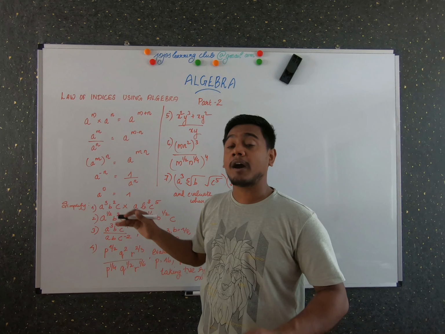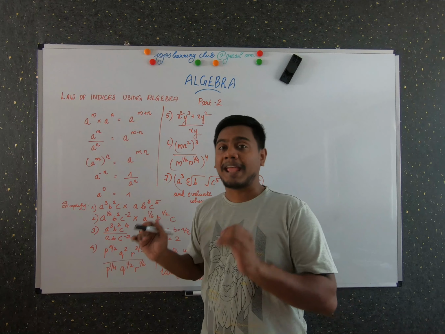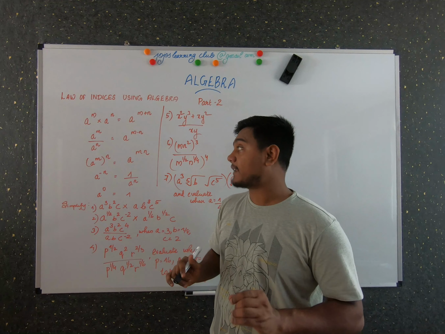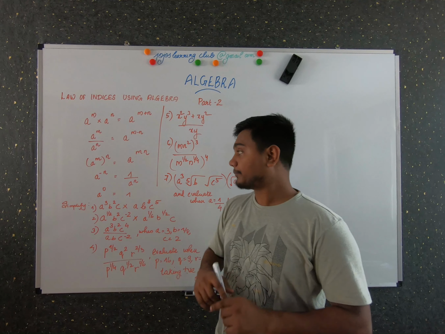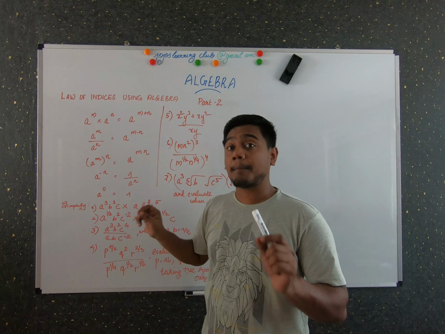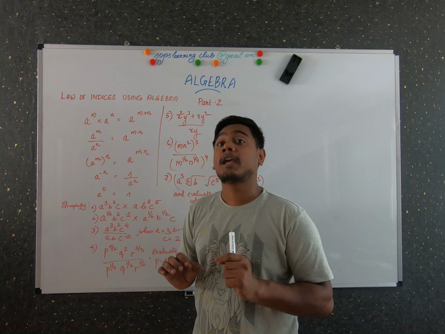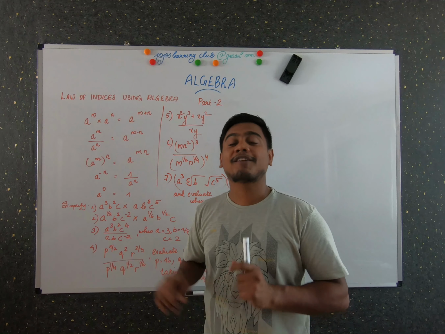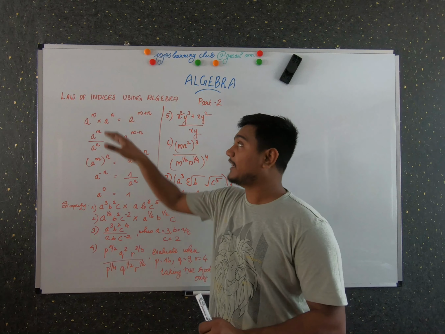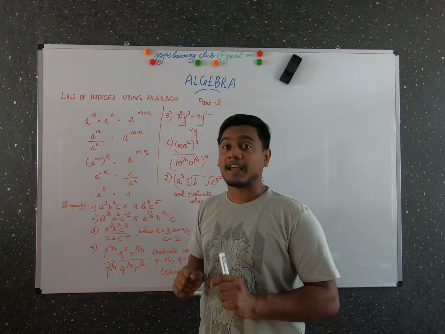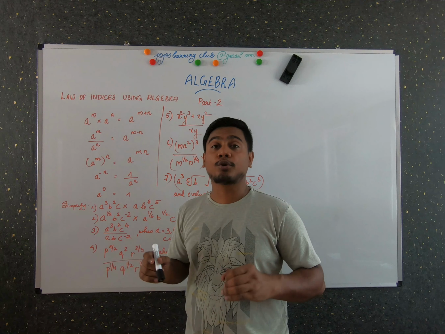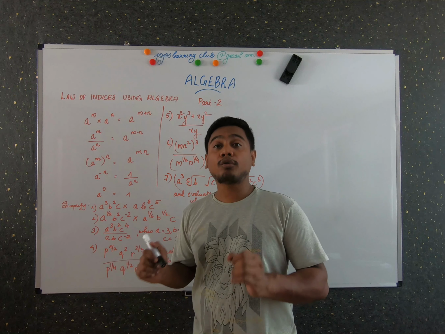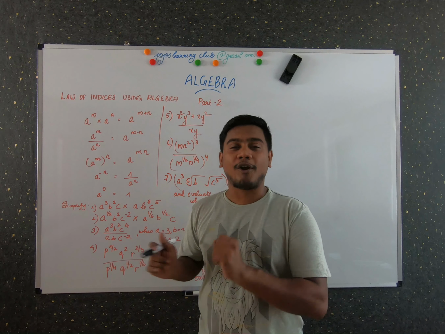When you have a base raised to some negative power, it is the same as 1 divided by that number raised to that power. For any base with the index value as 0, the value would be 1. So these are the basic laws of index, and today I will be doing 7 problems, so you will get a better understanding of how to use indices using algebra.